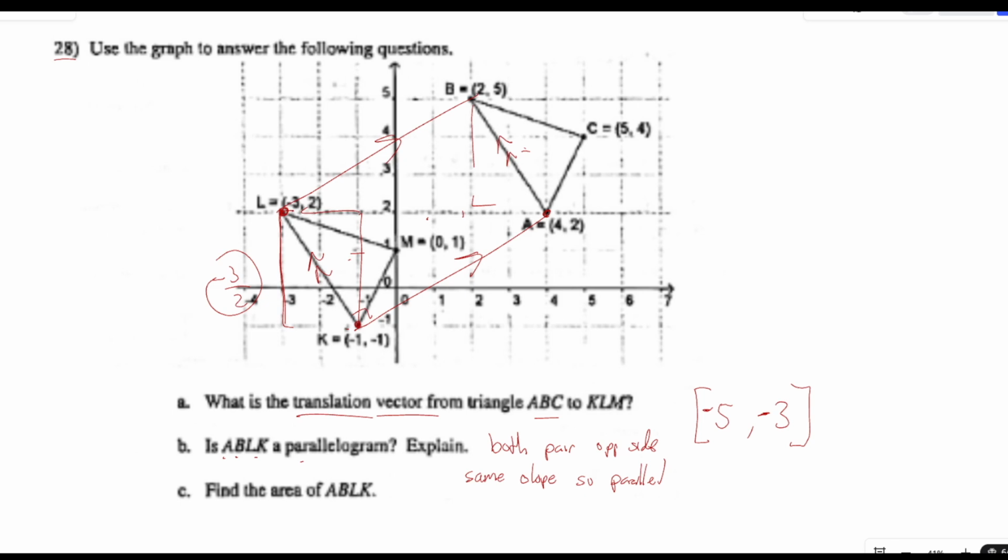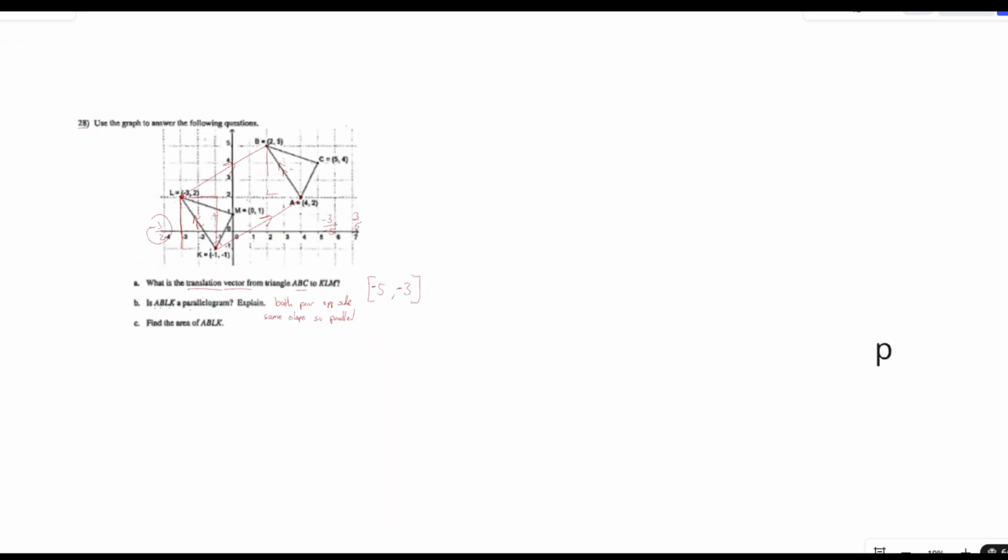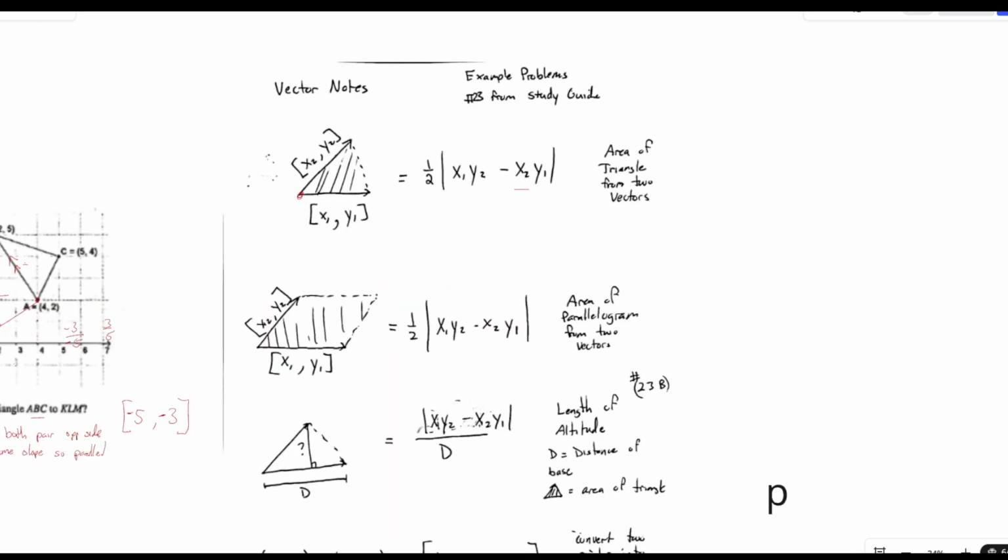Down 1, 2, 3, and 1, 2, 3, 4, 5. Okay, so they are not negative reciprocals. So I'll have to use that vector thing again. Let me go grab that from my formula sheet. All right, that's this one, area of the parallelogram.